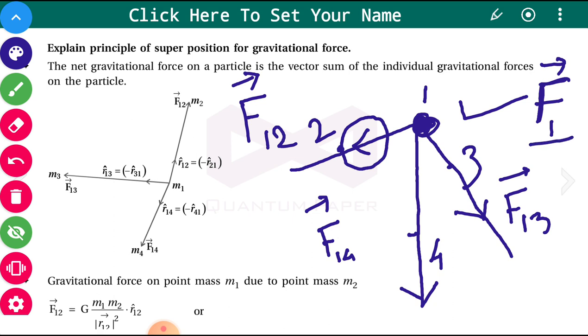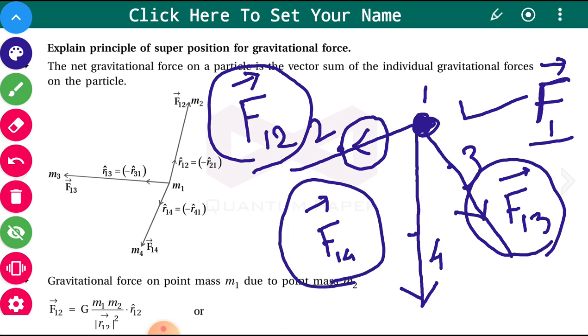So force on 1 is because of force on 1 by 2, force on 1 by 3 and force on 1 by 4.